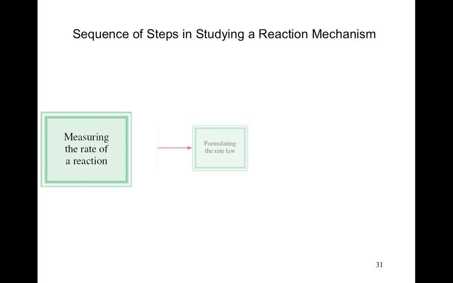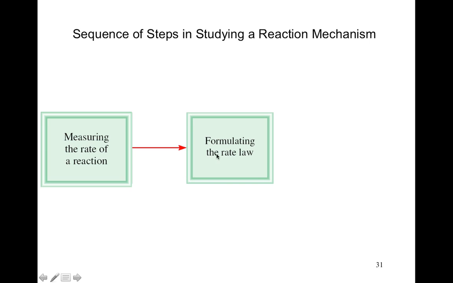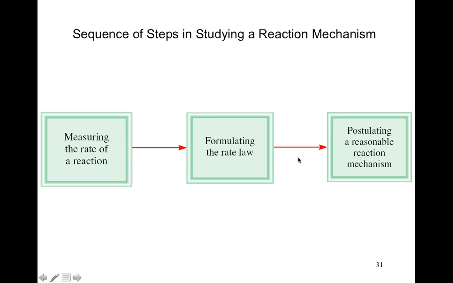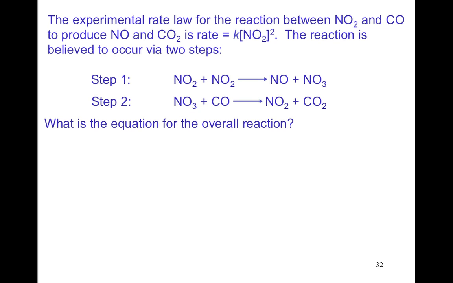So, sequence of steps. When we study this reaction mechanism, we look at the rate, we get the rate law from the rate, and then we try to look at what's a reasonable way we could make this molecule. And so here's an example of how you might do that. We say, okay, our experimental rate law for a reaction between nitrogen dioxide and carbon monoxide to produce nitrogen oxide and carbon dioxide is rate equal to the constant times [NO2] squared.